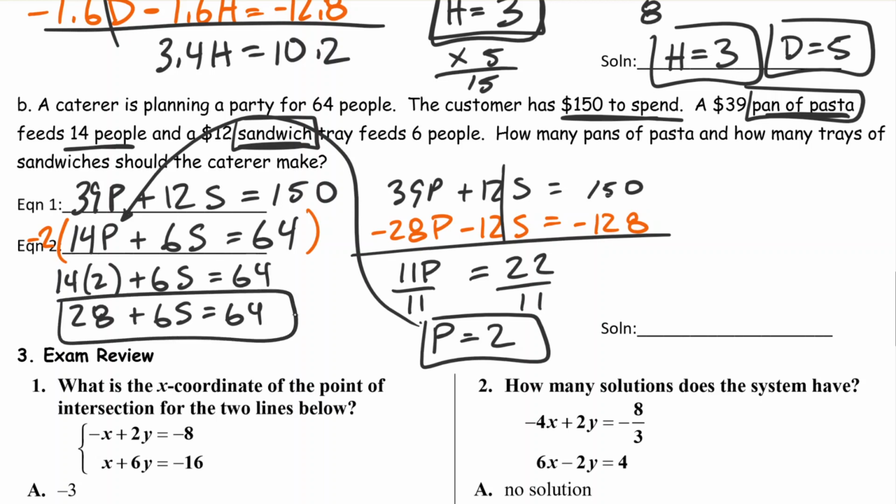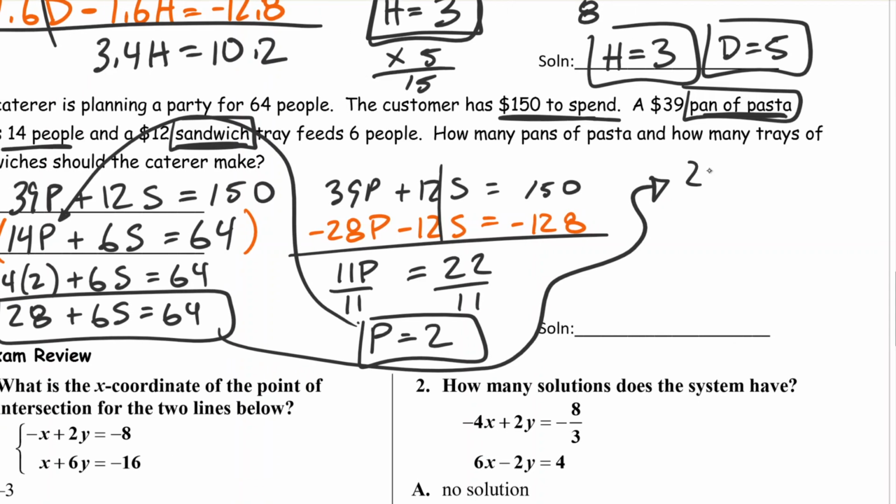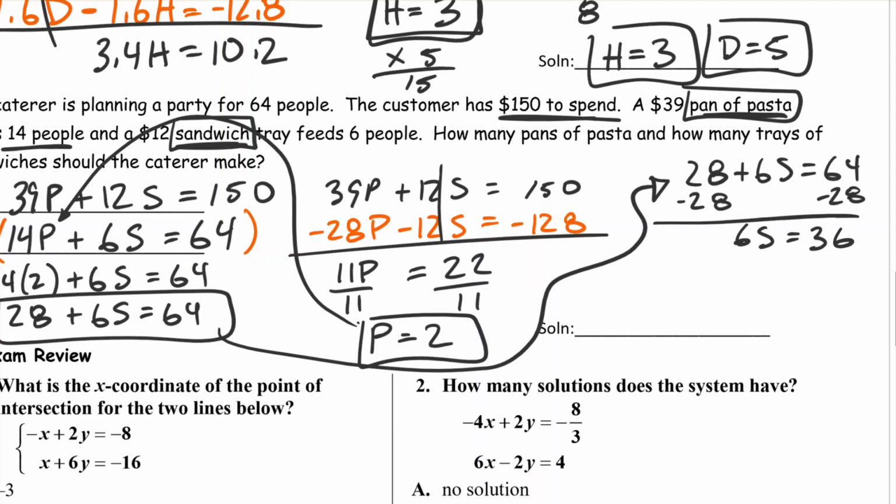Subtract 28 from both sides. 6S equals 36. Divide by 6, and S equals 6. So P equals 2, and S equals 6.